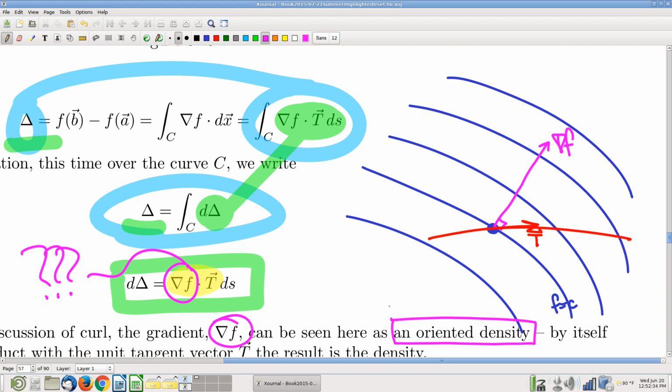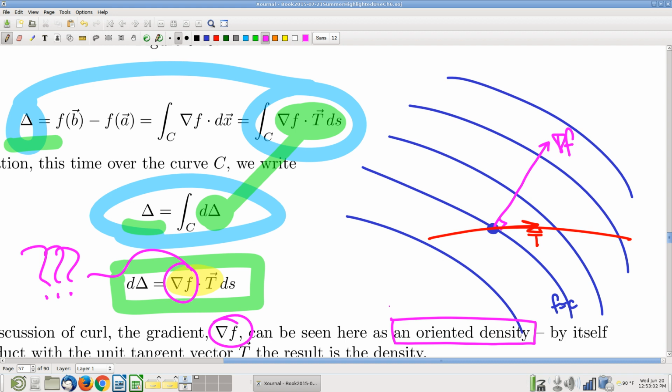And so if you walk off at some angle, you can viscerally relate to the idea, well, yeah, my altitude change, my change density, if you're on board yet with thinking of it that way, is less as you move off at some angle, and this is that formula. So it's relatable, it's easy to draw the pictures. And this sets up the mold or the template that we're going to use to understand curl.